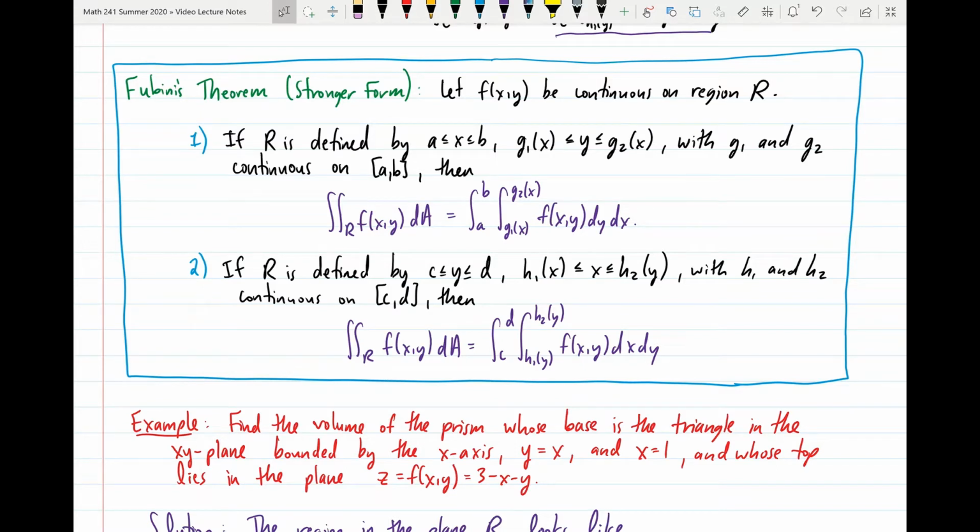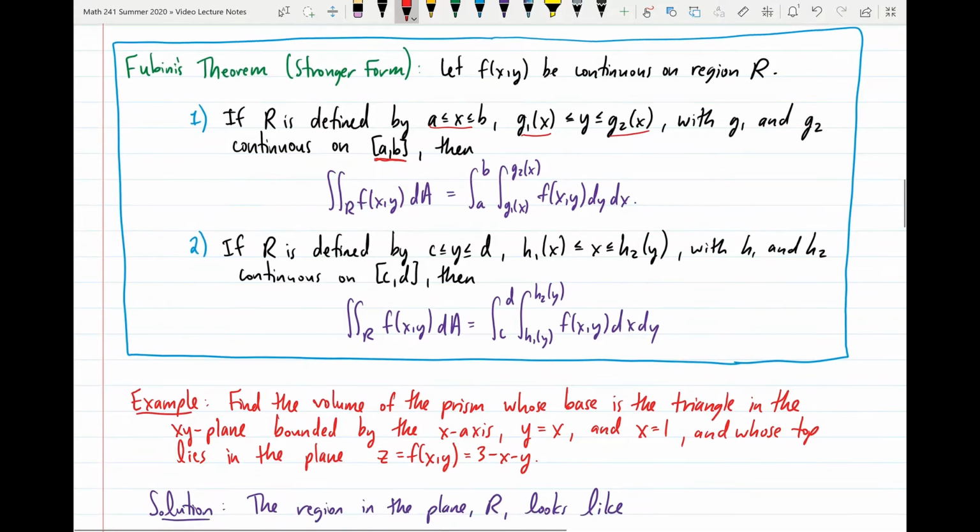One, if R is defined by the fact that x is going to be bounded between two constants, a and b, and y is going to be bounded between two functions of x, which we call g sub 1 of x and g sub 2 of x, where g sub 1 and g sub 2 are both continuous functions on the closed interval from a to b, then the double integral of f of x, y over the region R is equal to the following iterated integral.